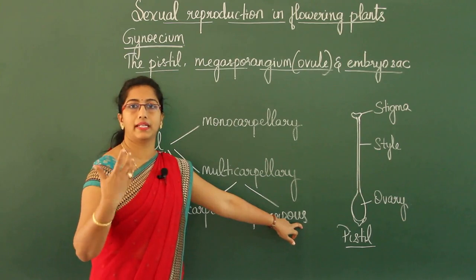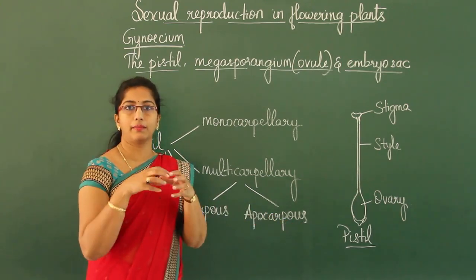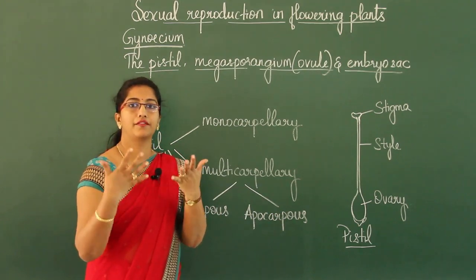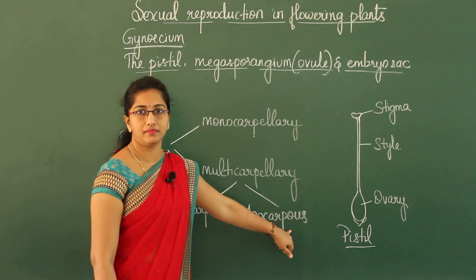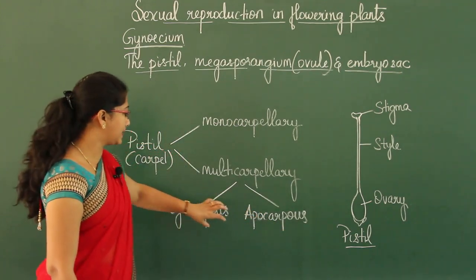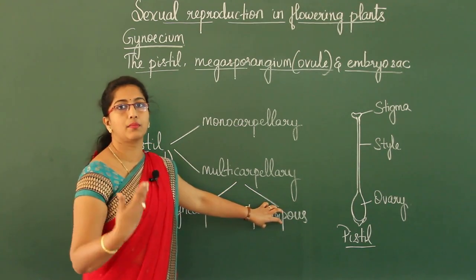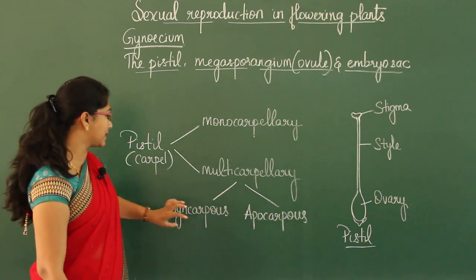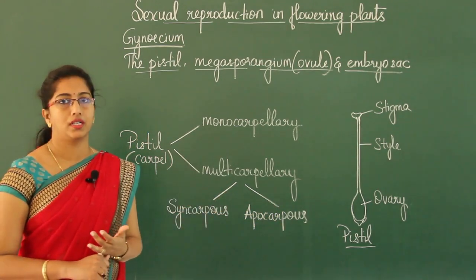When there are many pistils, all the pistils may be free, not fused to each other. When they are free, we call it apocarpous. These are the two conditions we find in a flower if it has more than one pistil.